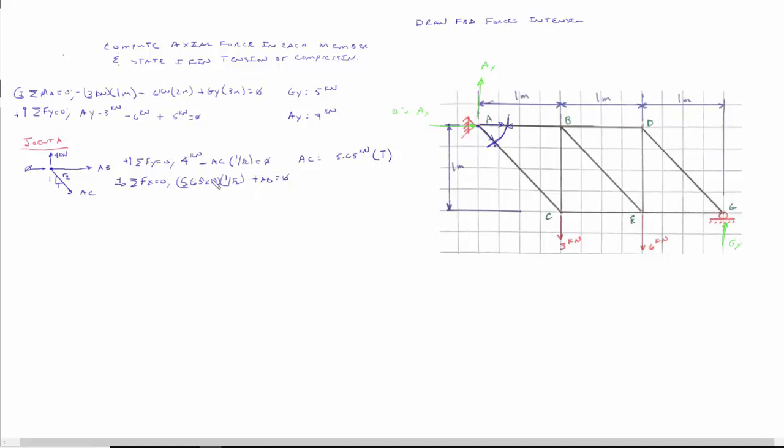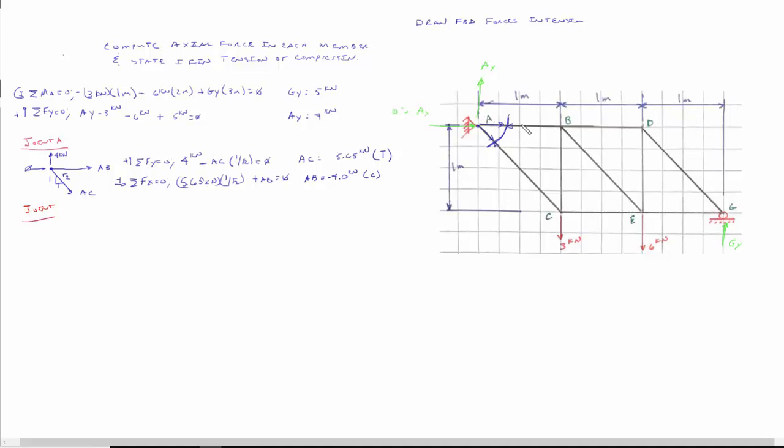Now when I take this over, it's going to become negative. So AB is actually going to be 4 kilonewtons, but it comes out negative, so this is actually in compression. That's in compression.